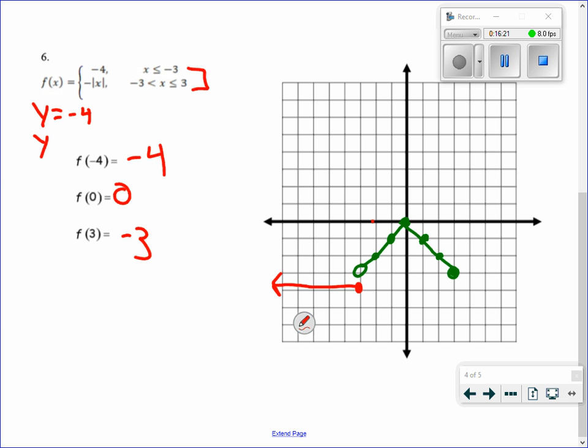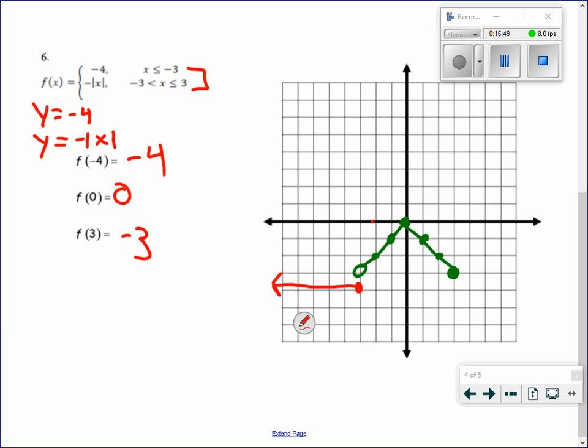Your other thing you're graphing is y equals negative absolute value of x. These inequalities are just telling you where to graph it from. It's not telling you to shade or anything. That's when you have something like y is greater than x plus 3, when the inequality is with your y.